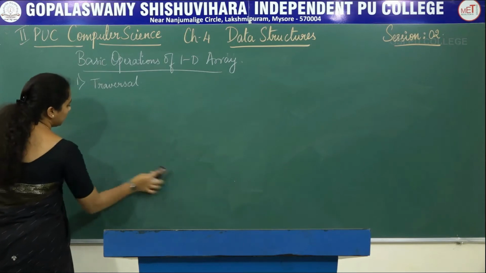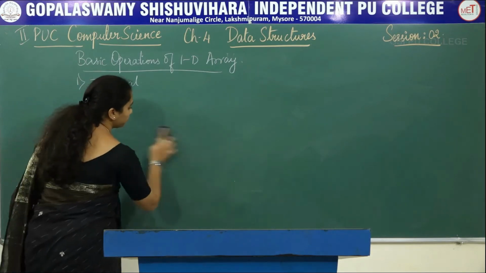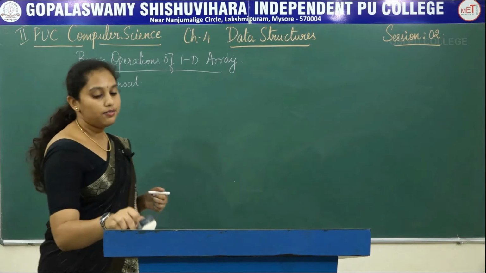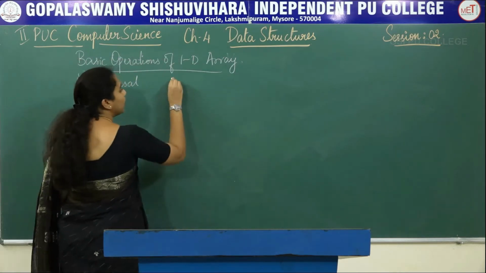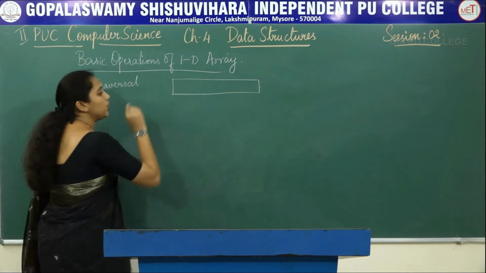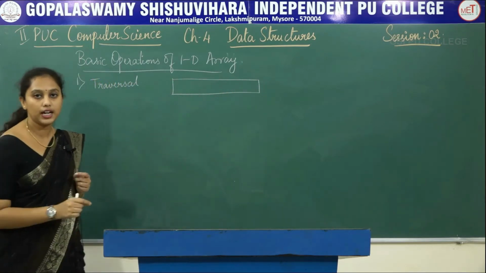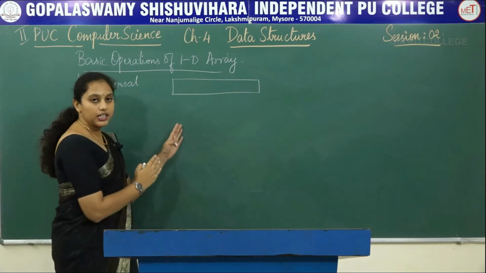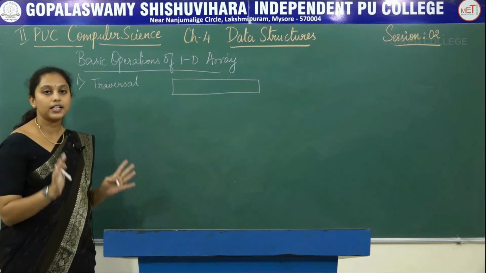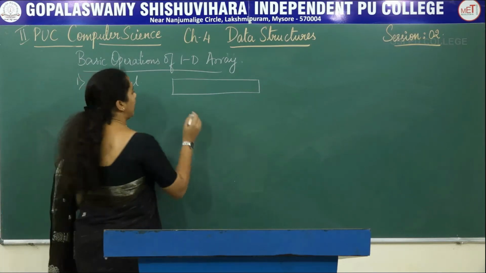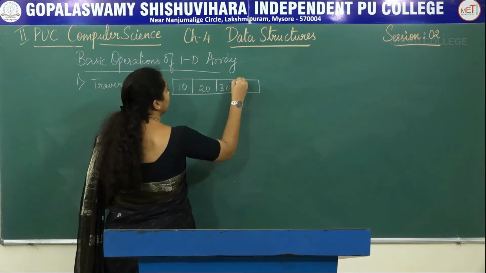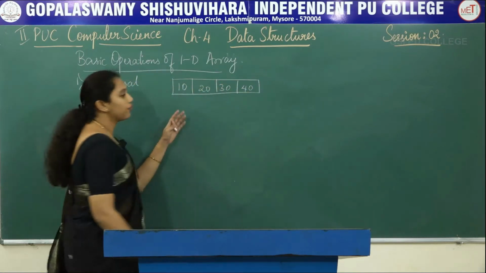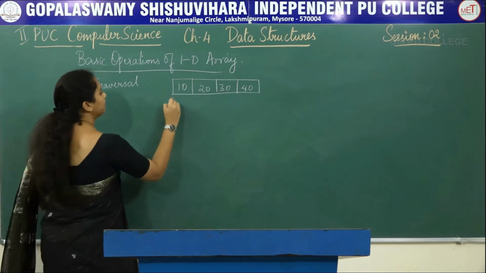What is the meaning of traversal? Traversal is the process of visiting each element of an array from the beginning till the end exactly once. See here, this array contains 4 elements.